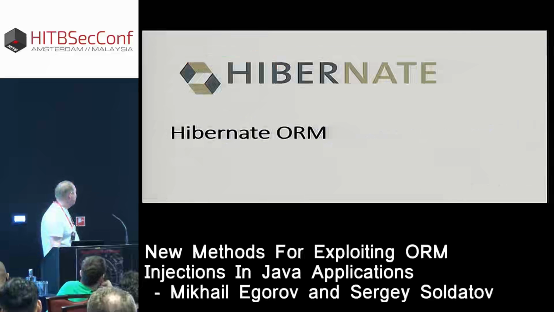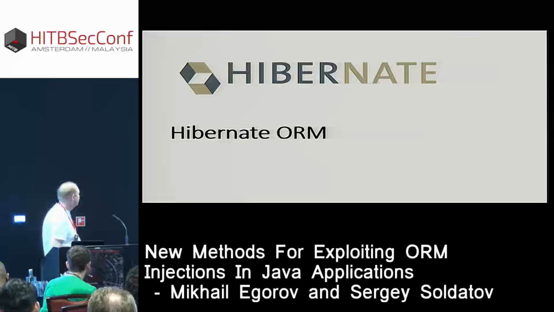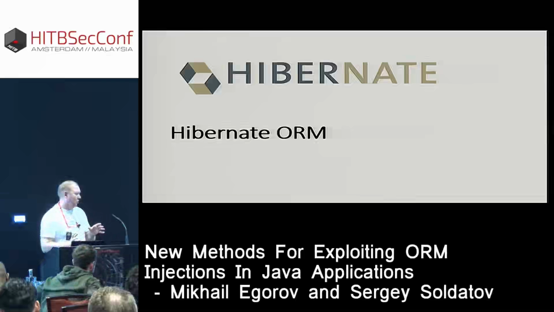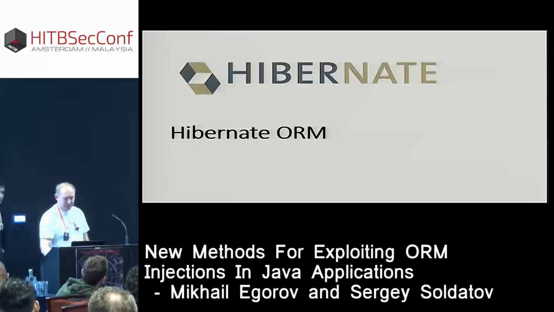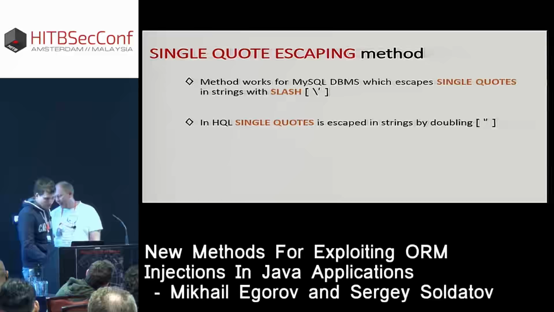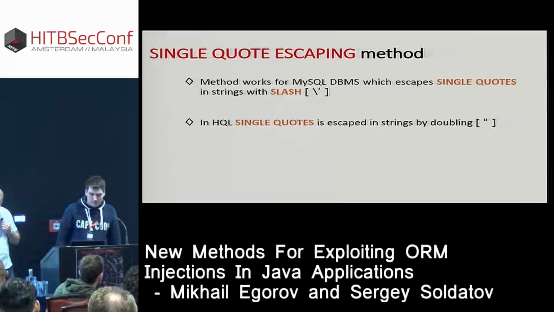Hibernate. Hibernate is the most interesting ORM. That's because we didn't manage to find a universal exploitation technique. But we uncovered 5 different techniques for different database management systems. We named the first technique single quote escaping.